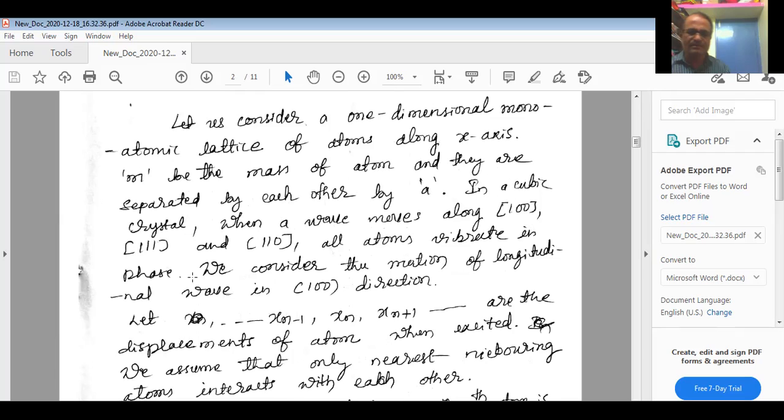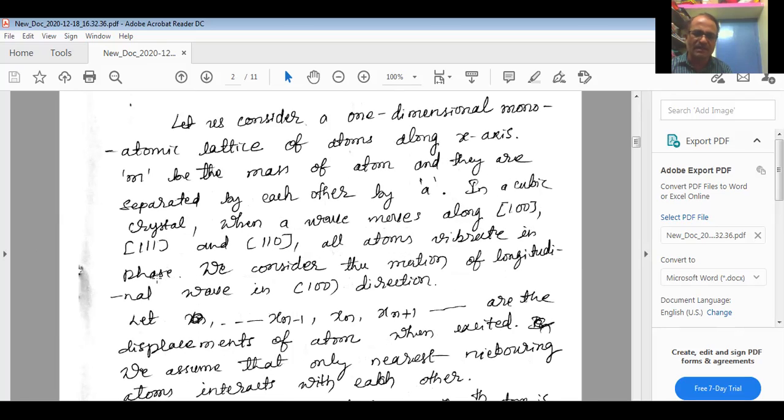In a cubic crystal, when a wave is moving along 100, 111, and 110 directions, all atoms vibrate in phase.